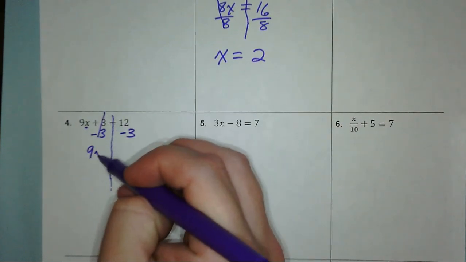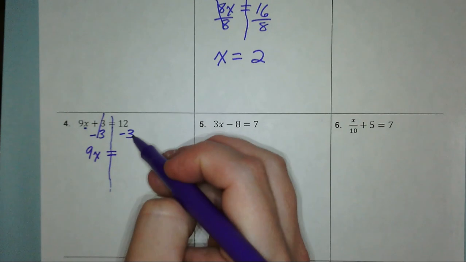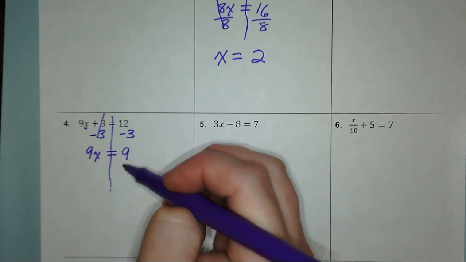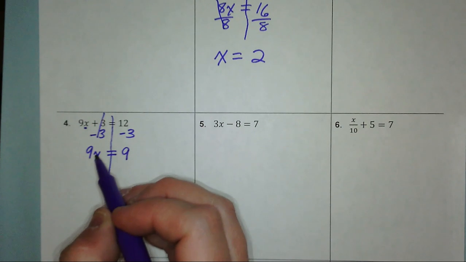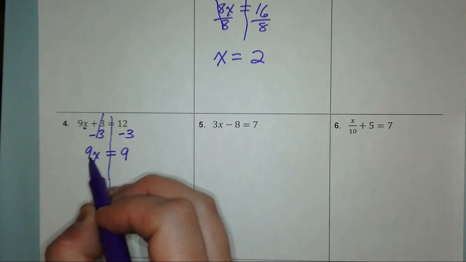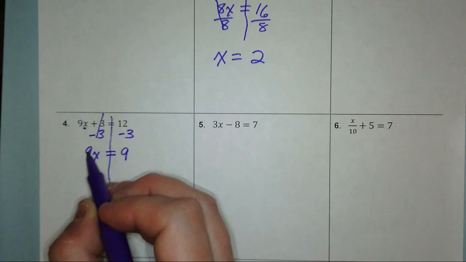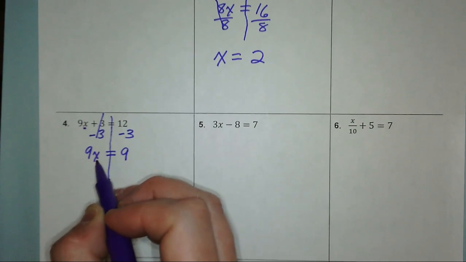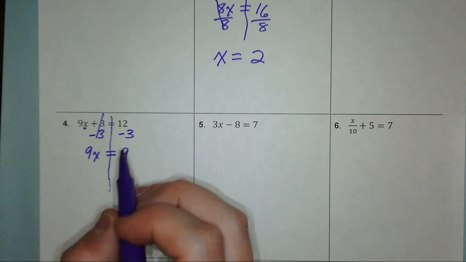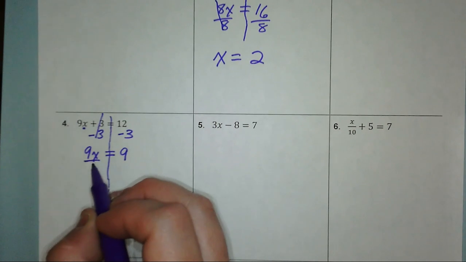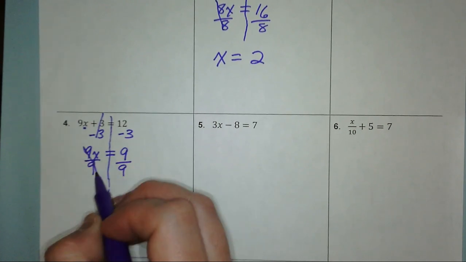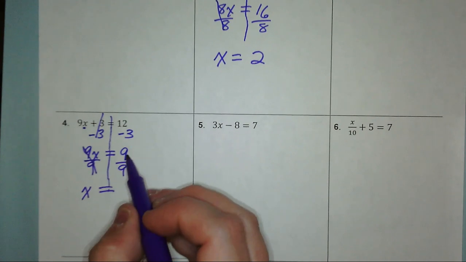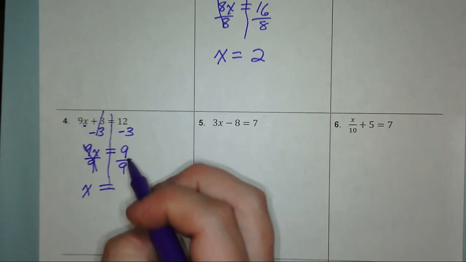Now I have 9x on the left side, and the right side has become 9, since 12 minus 3 is 9. Now I've got to get rid of this 9. This is 9 times x, and I want to leave x as the only thing left on this side, so I divide both sides by 9. That leaves x by itself, and then Dakaya, what's 9 divided by 9?